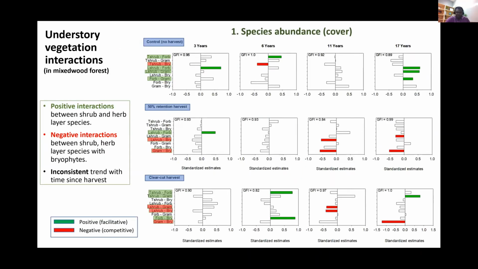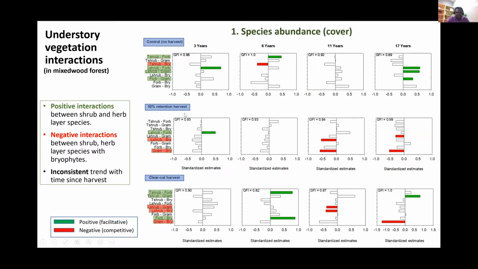In terms of results, here I'm presenting a case in the mixed wood forest, which is dominated by aspen and spruce, mostly white spruce. So the mixed wood stand has intermediate conditions. And what happens in terms of species abundance, I'm also presenting just a subset of the suite of harvest treatments.